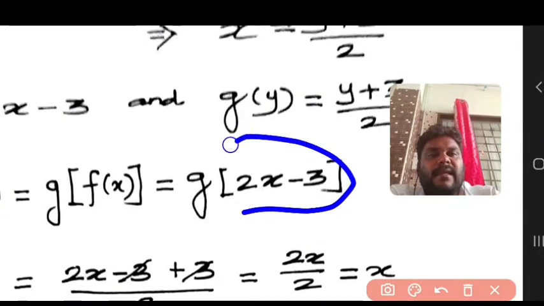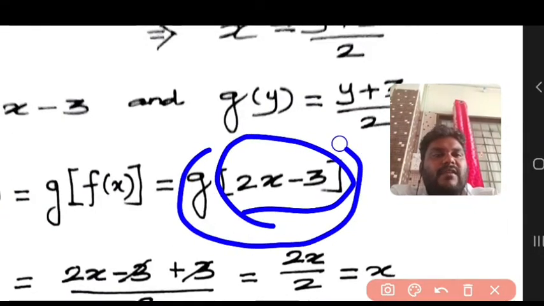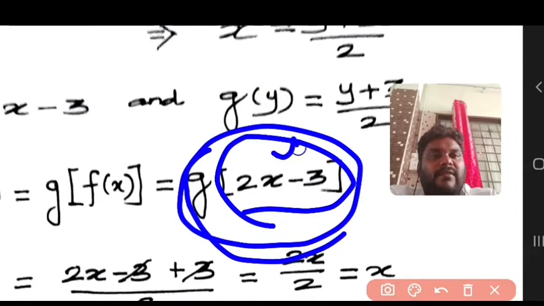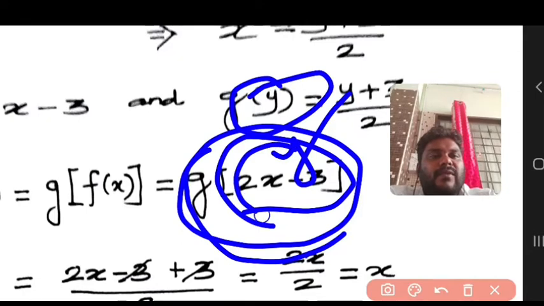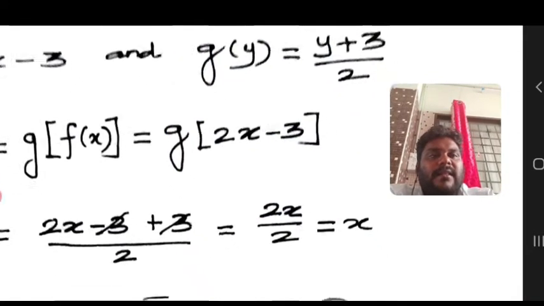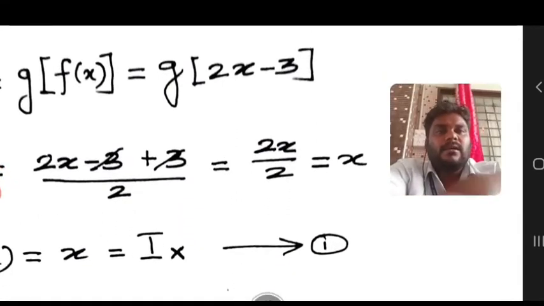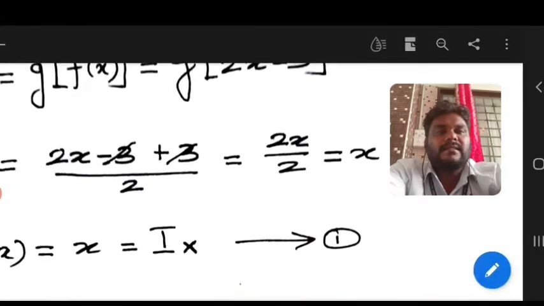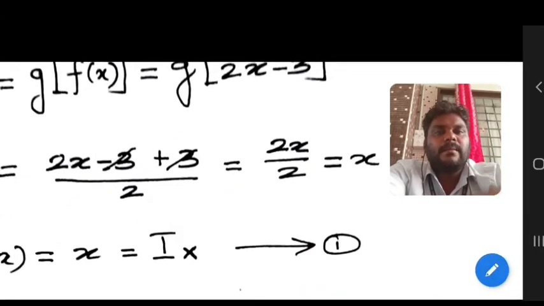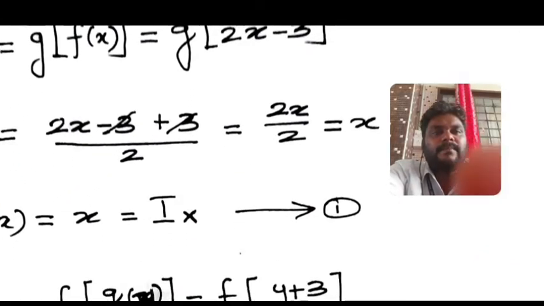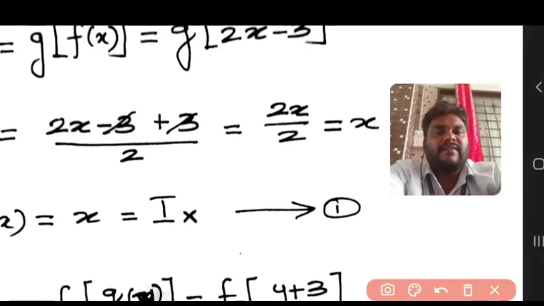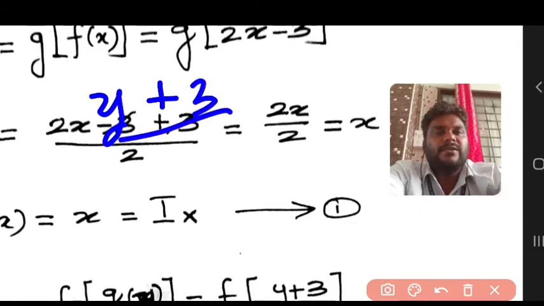So 2x minus 3 looks like the g of y value, and g of y means y plus 3 by 2. So we assume that this 2x minus 3 value is y. Then the equation becomes 2x minus 3 plus 3 by 2, because the g value is y plus 3 by 2.